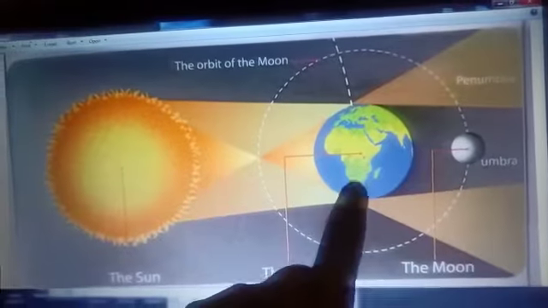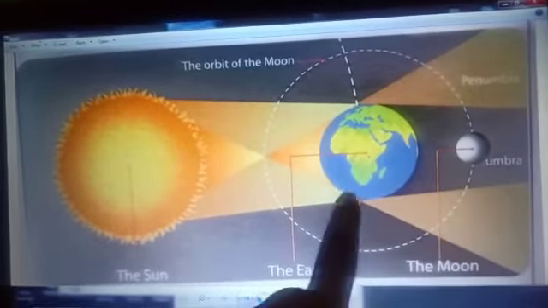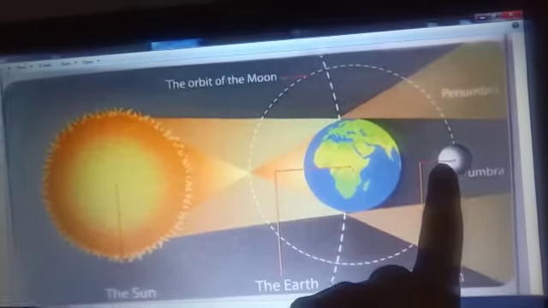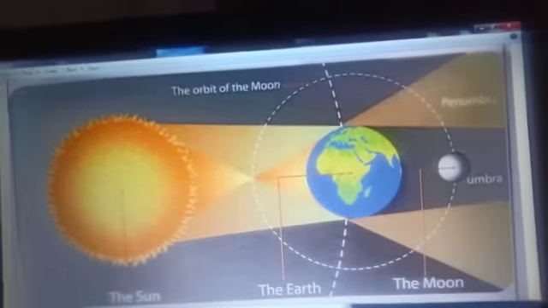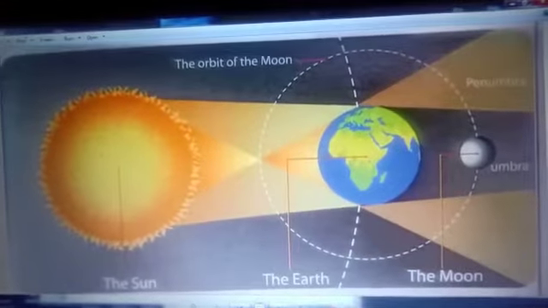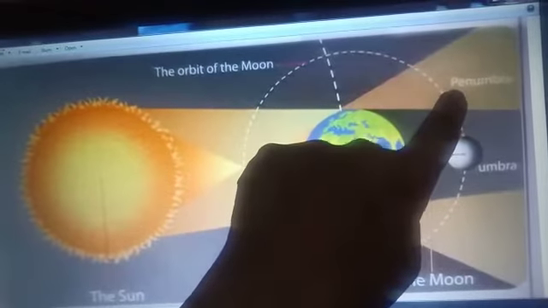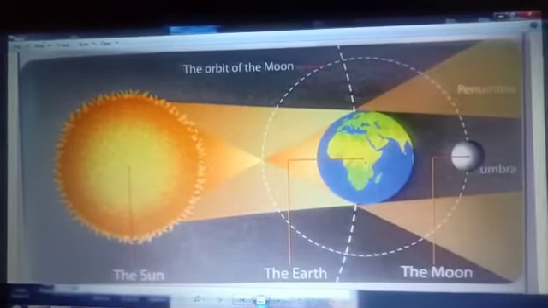Moon and earth and sun in a straight line. Earth is in the middle. So, if the moon is in umbra, it will form what? Total lunar eclipse. If the moon is in penumbra, it forms what? Partial lunar eclipse.